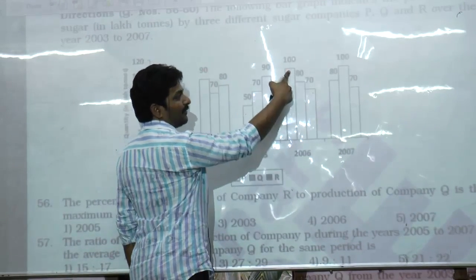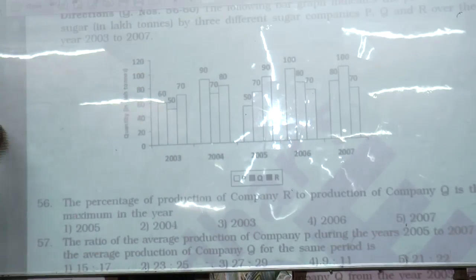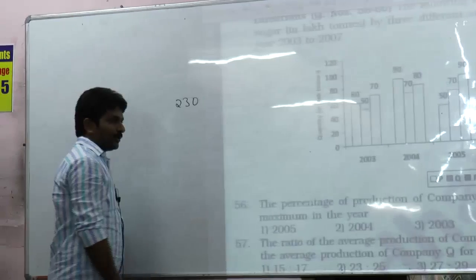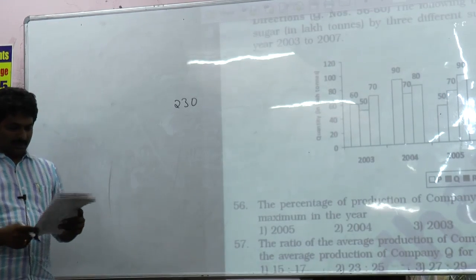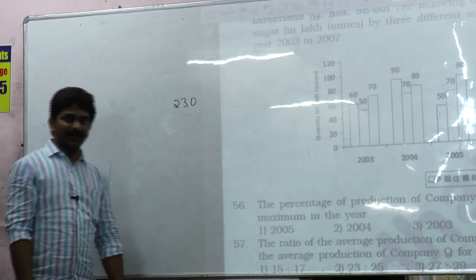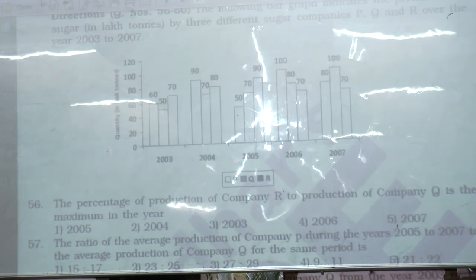P 50, 100, 150, 150 plus 80, 230. 230. Look at your options first. There is only one second option, that's final. Look at your options.